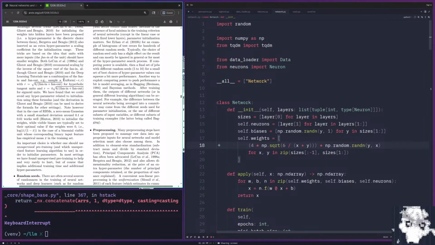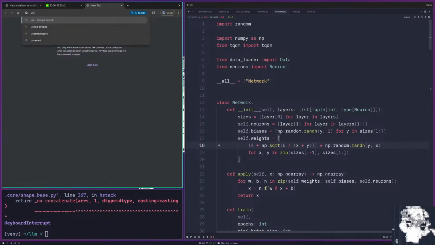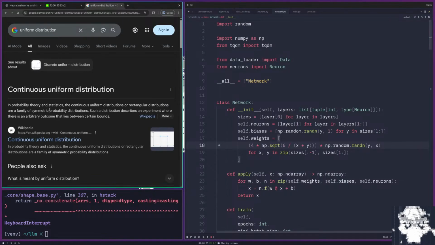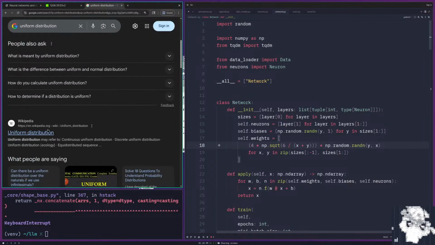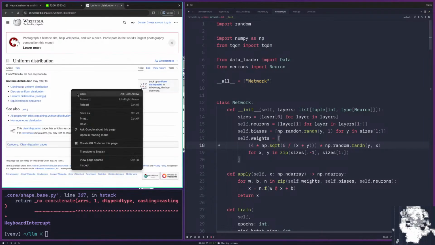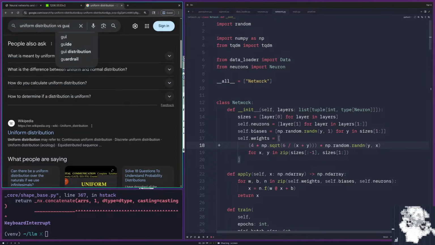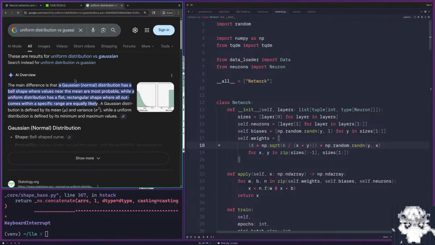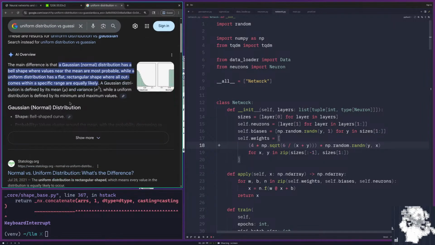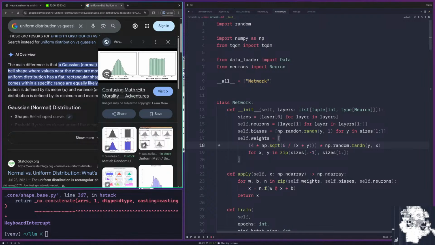Is uniform different than Gaussian? Uniform distribution versus Gaussian. Oh. Uniform means literally uniform.